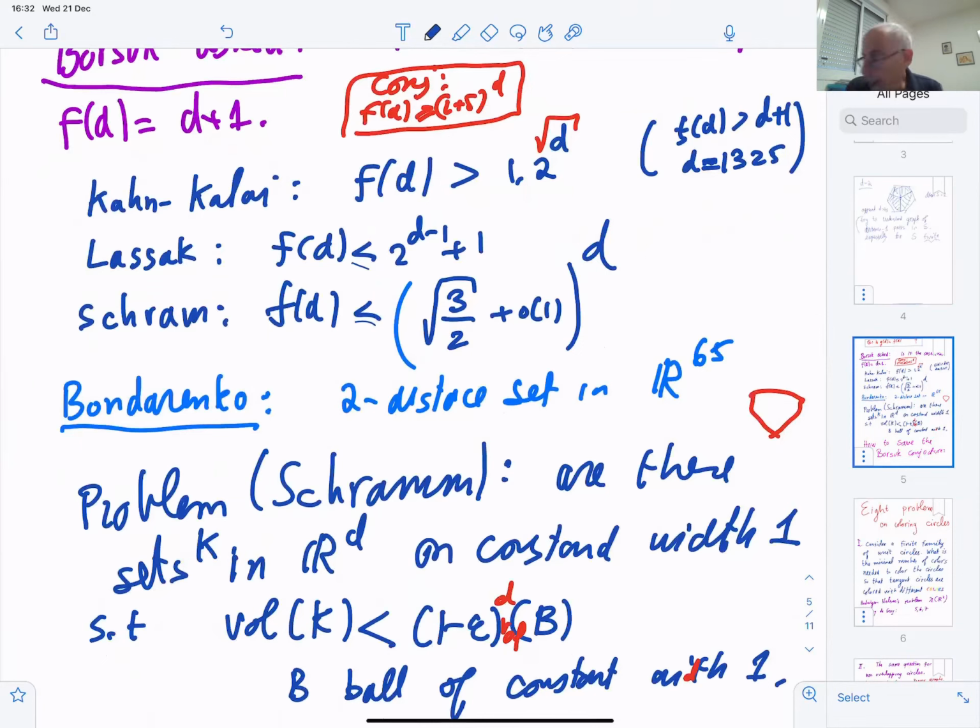What was Oded Schramm's idea? First of all, he said, of course, it's quite easy to see that the Borsuk problem can be reduced to the case of convex sets. And it's also easy to see that it can be reduced even to convex sets of constant width. I hope you're all familiar with the fact that there are sets of constant width, like the Reuleaux triangle.